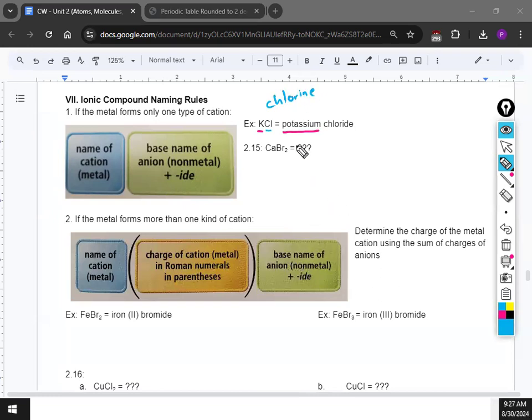Okay, but for the ionic compound name, we change the ending to chloride. So the name of the molecule KCl is potassium chloride. You write the name of the cation, and then the anion, you just change the ending to IDE. Okay? And that's it. That's the first rule.